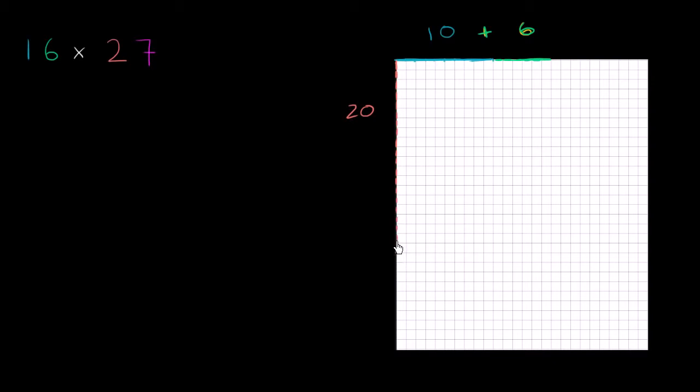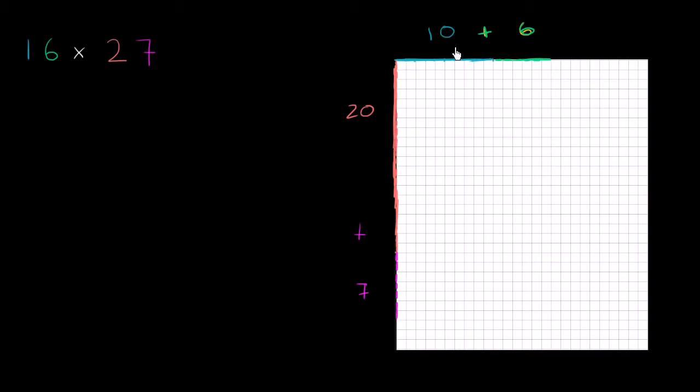So up until that point, this line has a length of 20. But we're not just talking about 20, we're talking about 27. So it's 20 plus 7. So let's count off 7 here. 1, 2, 3, 4, 5, 6, 7.